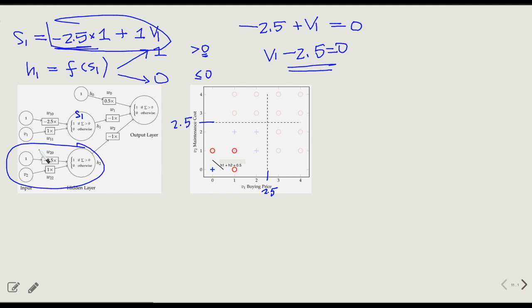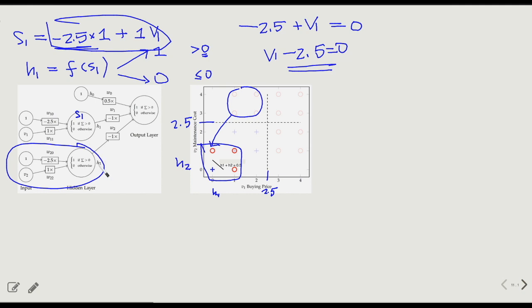Okay, so from V1 and V2 to H1 and H2, this is the transformation that we discussed earlier, just to transform the data points to the H1 and H2 values in this way, where they can be linearly separated.